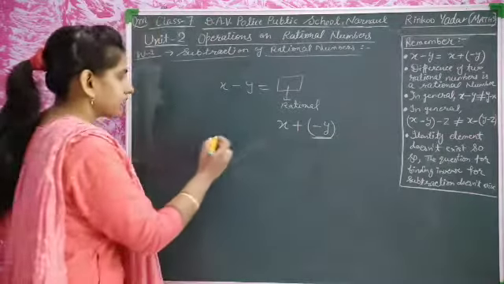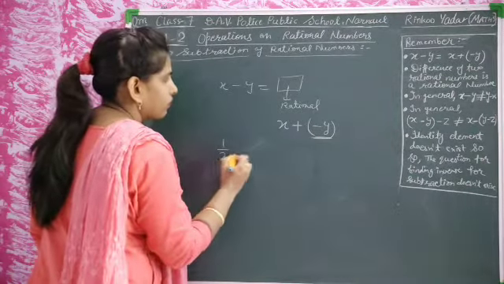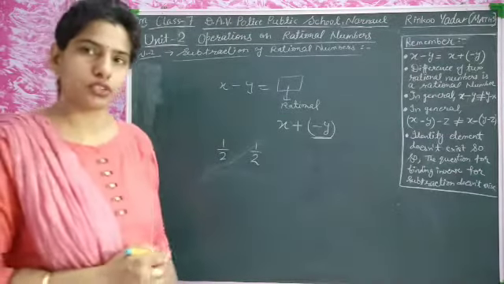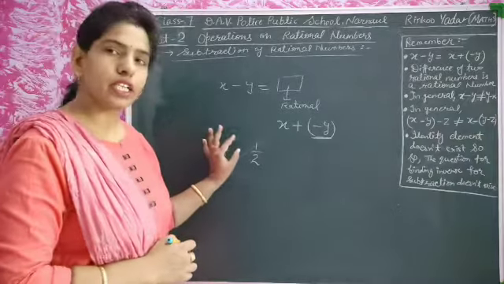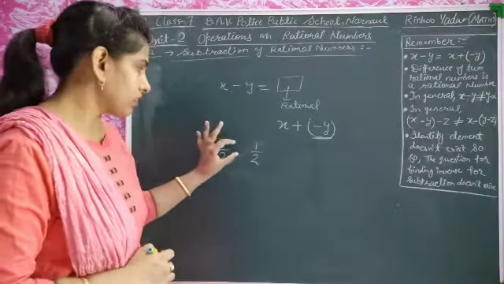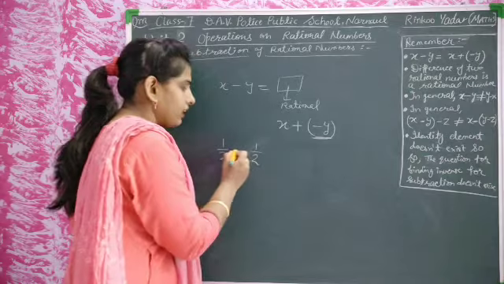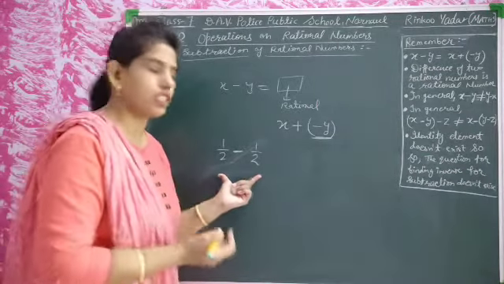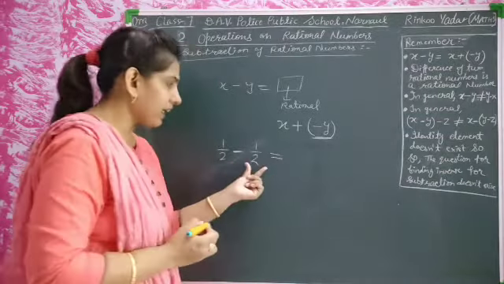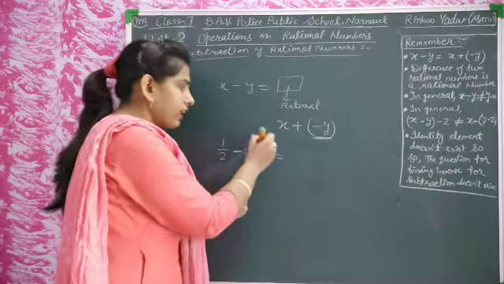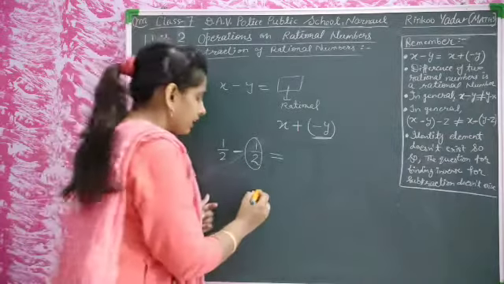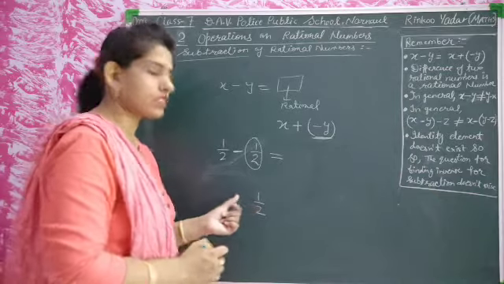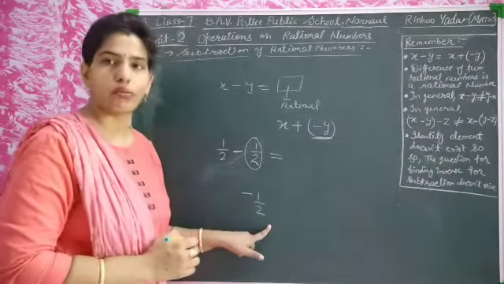Let's suppose there is the example, 1 by 2 and 1 by 2. If we want to subtract both numbers, the additive inverse of y, where y is 1 by 2, is minus 1 by 2.